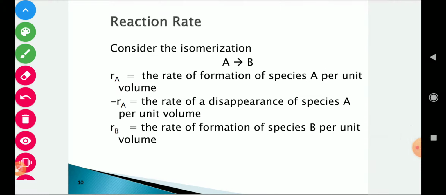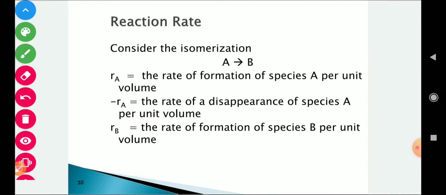For example, if we have a reaction in which reactant A is converting into product B, here RA is the rate of formation of species A per unit volume, but A is disappearing, so we take a negative sign. So here minus RA is the rate of disappearance of species A per unit volume.